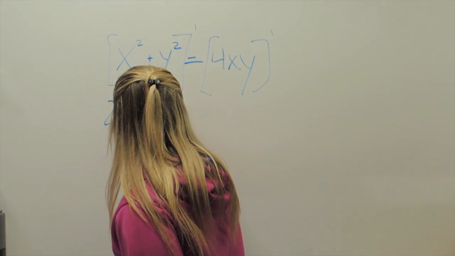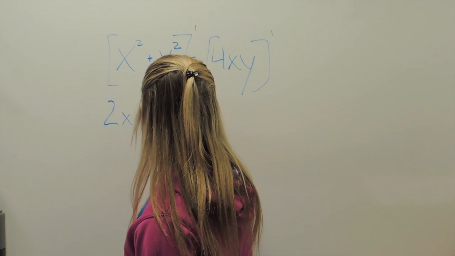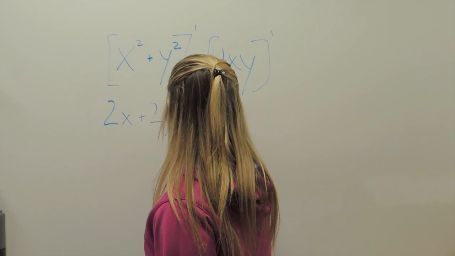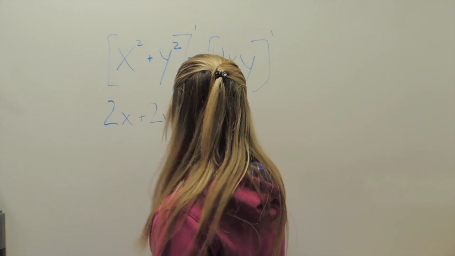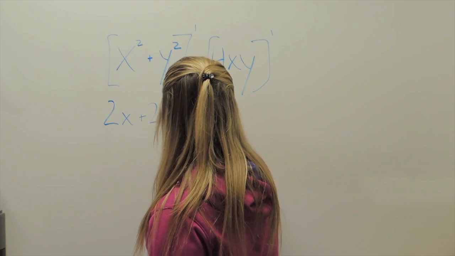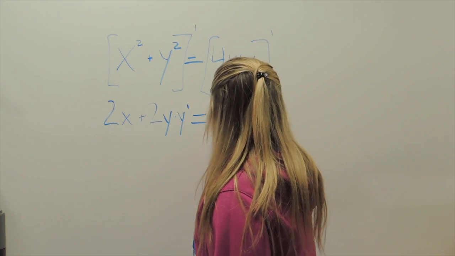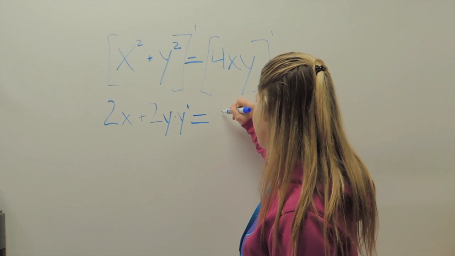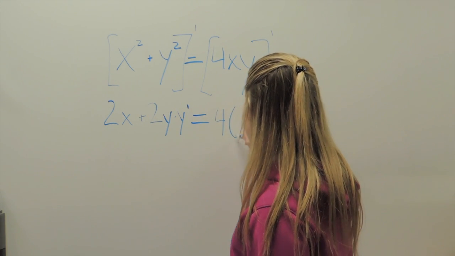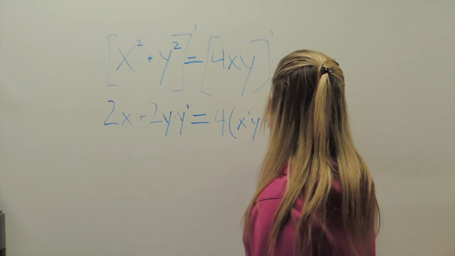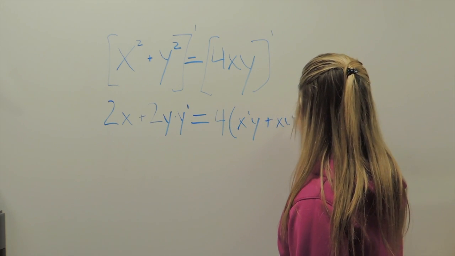So now, since we use the chain rule, we're going to have 2y, which is the derivative of the outside, multiplied by y prime, which is the derivative of the inside. And then on the other side, it's kind of like a product rule situation. So you got x prime y plus x y prime.